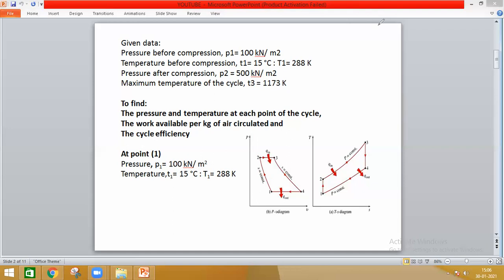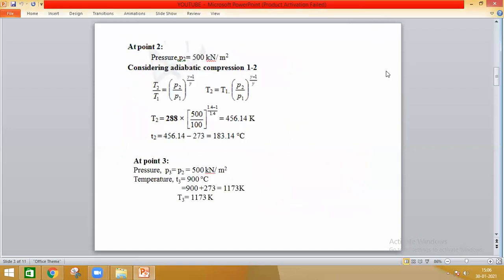At point 2, after compression, the pressure is 500 kilonewton per meter square.